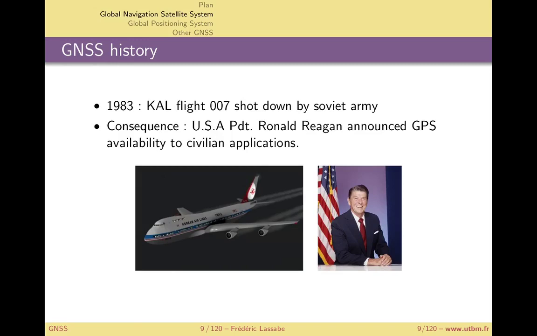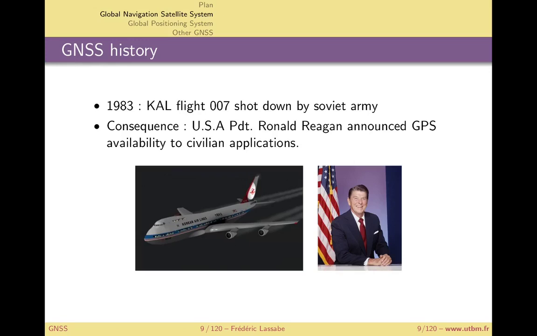In the origin, the GPS was planned to be only for the USA Armed Forces. As any big invention, it was to make war, of course. But in 1983, the Korean Airlines Flight 7 was shot down by the Soviet army because it strayed from its path, since it had no precise positioning system inside.